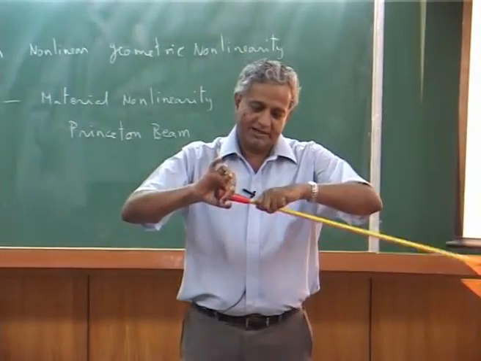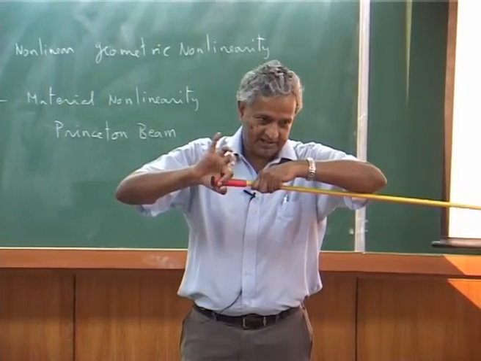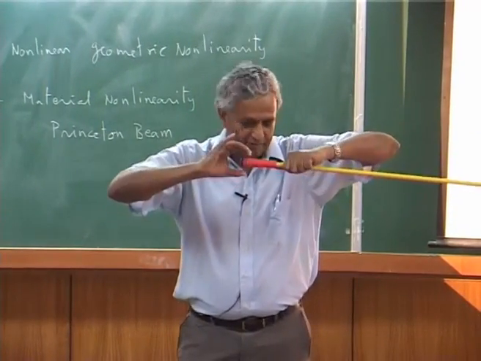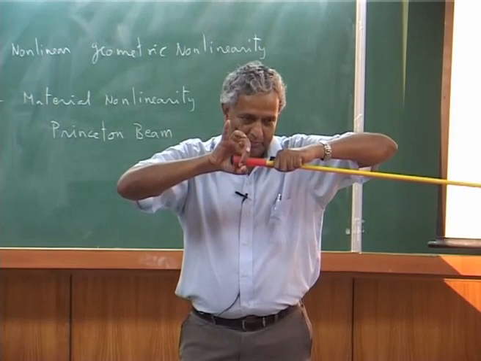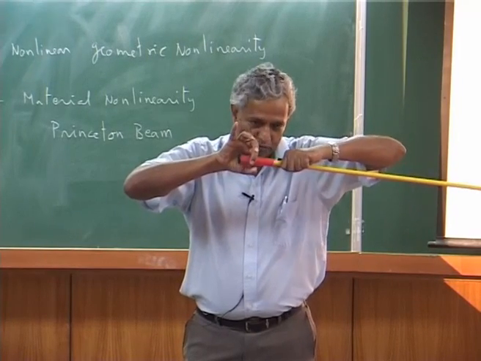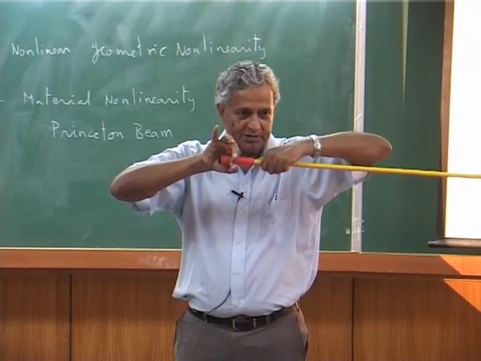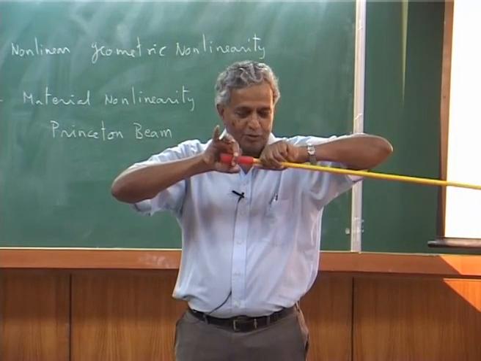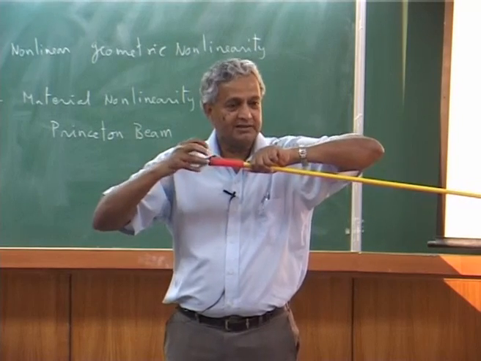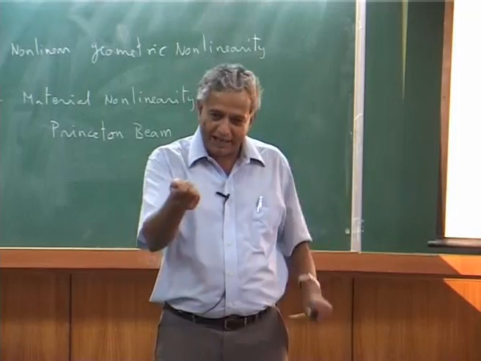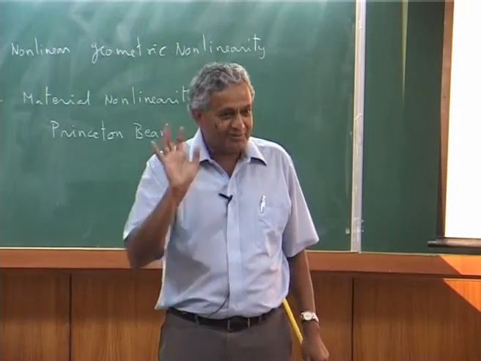Suppose you hold this and I am pulling it. Centrifugal force will pull the blade, so I have to somehow hold it, and when I pull the blade, it should not come out. So I have to put a stopper, but at the same time I should be able to rotate it. That kind of bearing is called a thrust bearing. It can take the axial load, but at the same time you can rotate it freely.